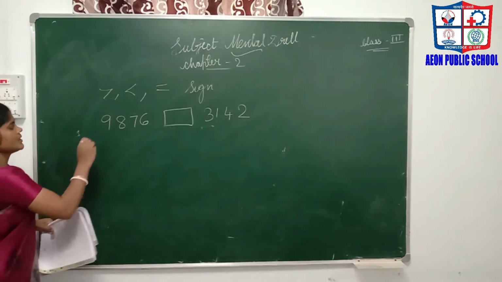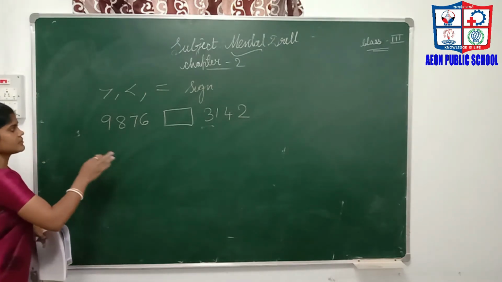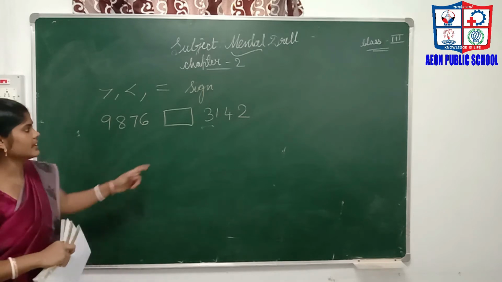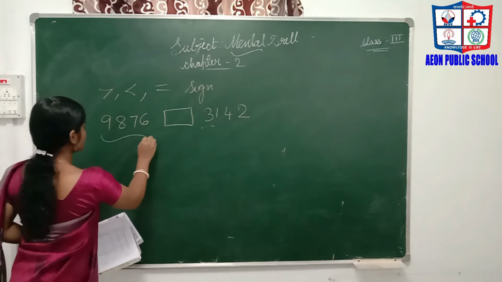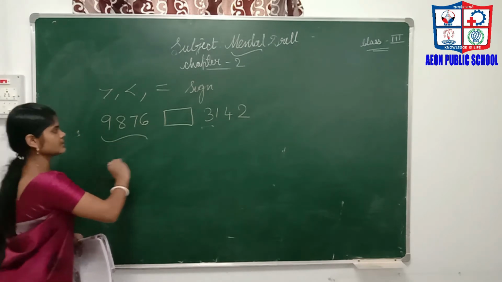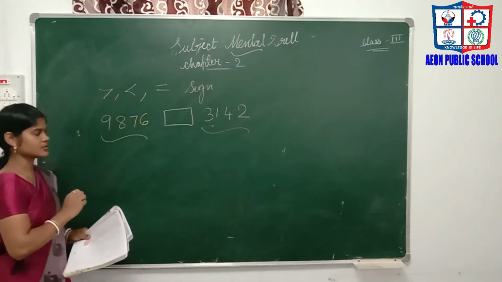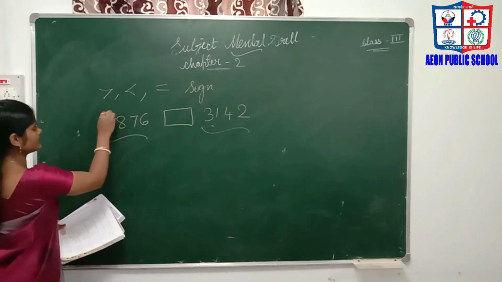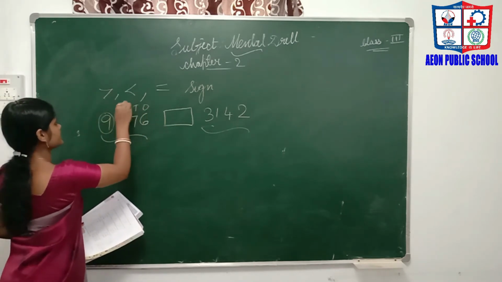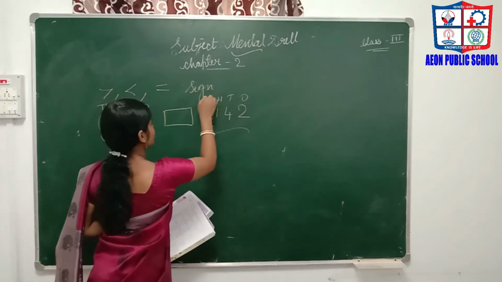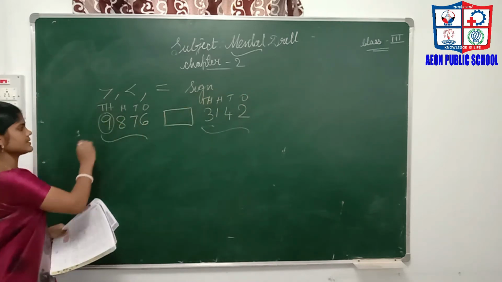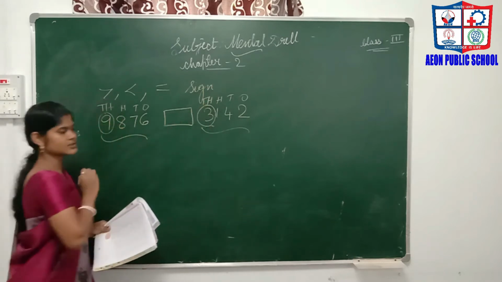So first, see, comparison of numbers. First we have to look at the left side and right side. First we have to see how many digits are there. Here 4 digits are there, here also 4 digits are there. So first we start with ones, tens, hundreds, thousands. Here in the thousands place 9 is there, here in the thousands place 3 is there.